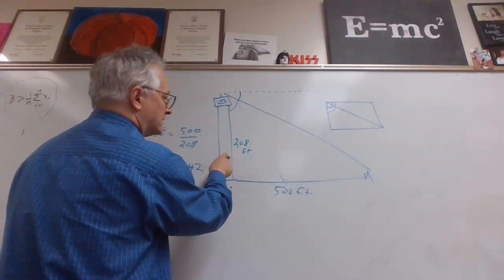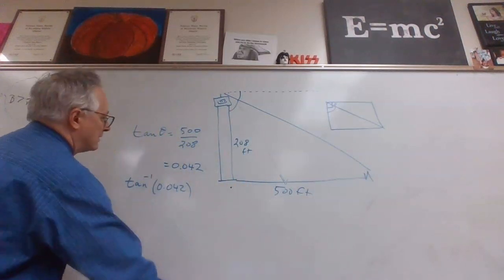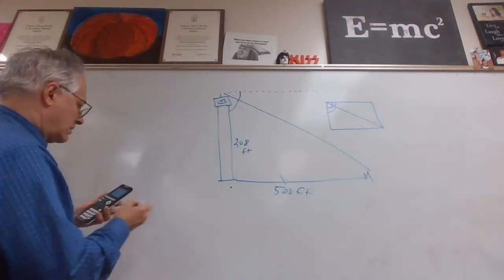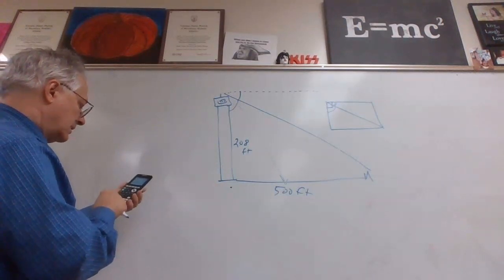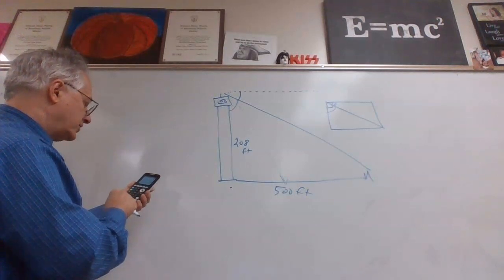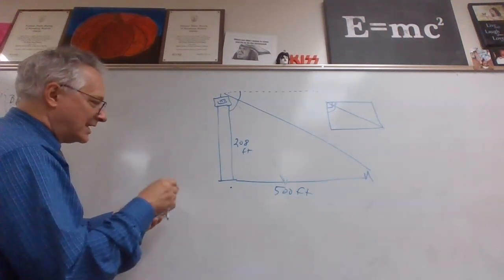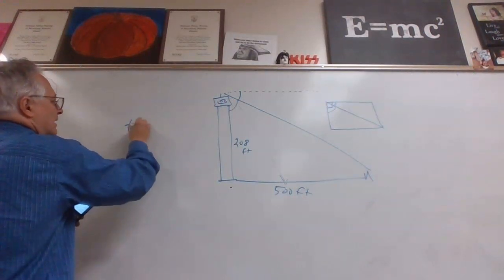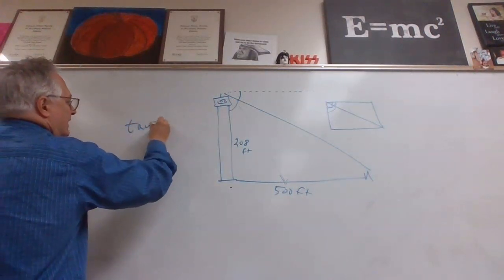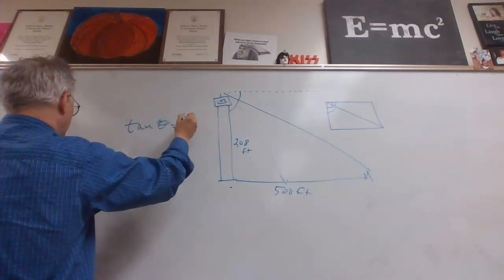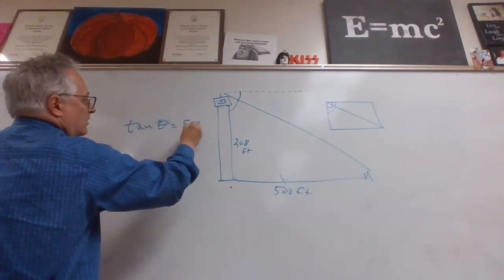Opposite over adjacent, that should be my tangent. So the tangent is, oh, I made a mistake here. The tangent of theta, of your angle, is going to be 500 over 208.